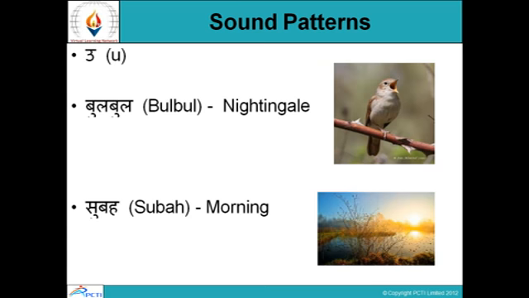Next is the sound of oo. Small oo. You can see the letter oo and the symbol by which we tell about this sound. You can see it's on the left hand side. On B we have this symbol: bulbul.